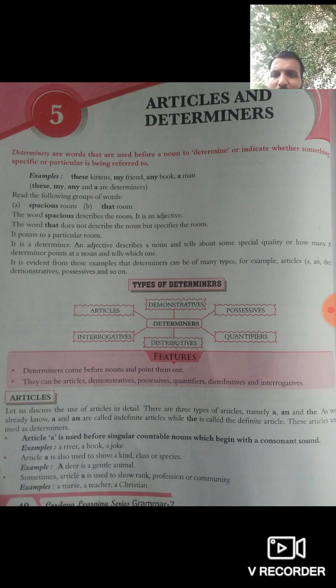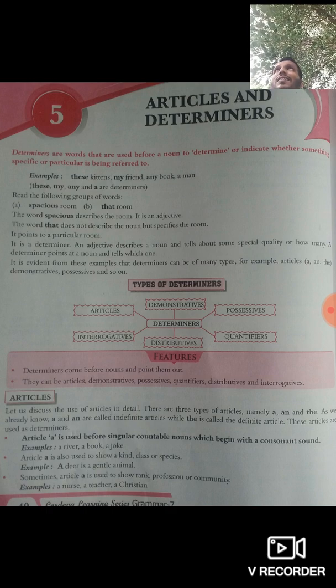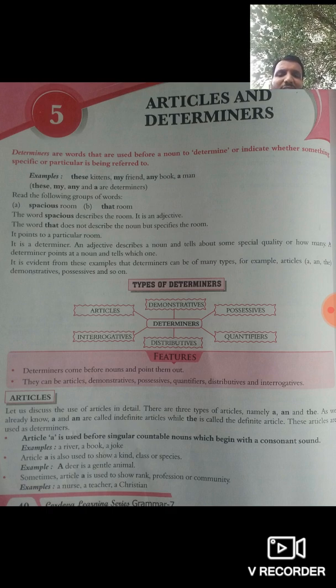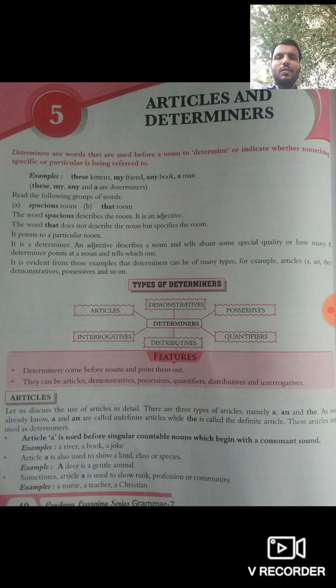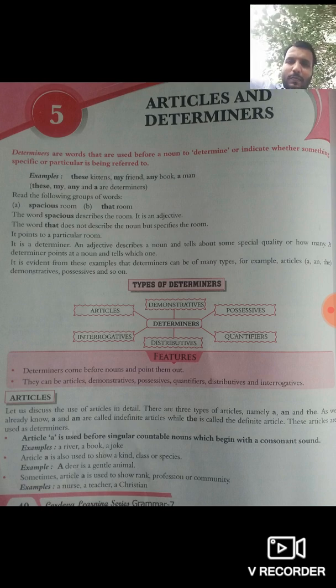As we already know, a and an are called indefinite articles, while the is called the definite article. These articles are used as determiners.